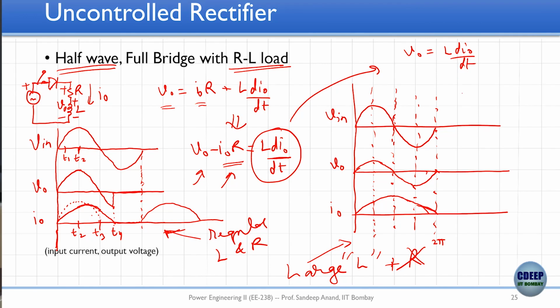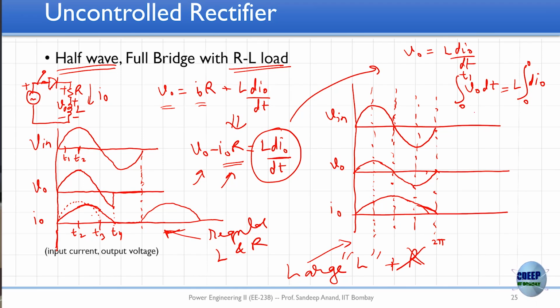You integrate V naught dt from 0 to, let's say, t1, which is equal to L integral of di naught, and the current goes from 0 to 0, right?